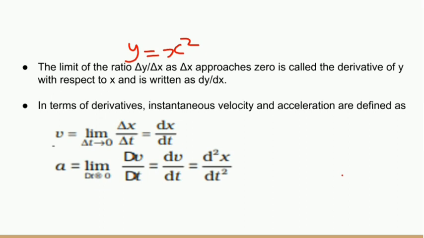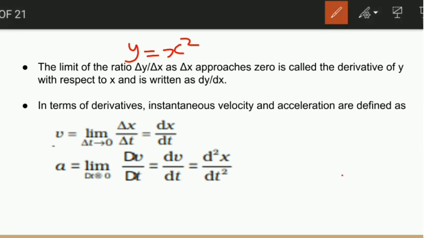Okay. Now here we know that velocity is change in displacement with respect to time, right? So imagine a body is moving equal distance in equal amounts of time. So when t is equal to 1, x is also 1.